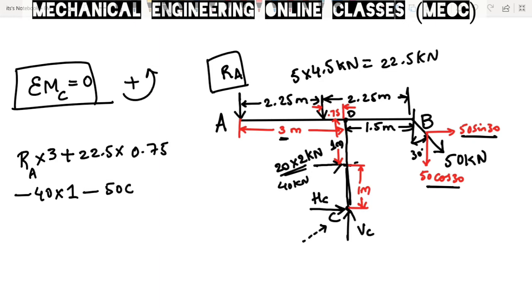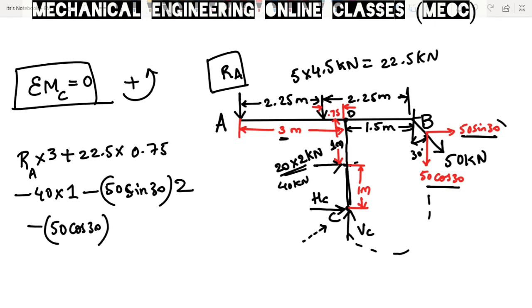So minus 50 sin 30 into the perpendicular distance between B and C, which is 2 meter. Then 50 cos 30 is also making a clockwise moment, so that is minus 50 cos 30 multiplied by the perpendicular distance, which is 1.5. So we have considered all the forces. HC and VC will make a 0 moment about C. So the sum of all these things is 0.